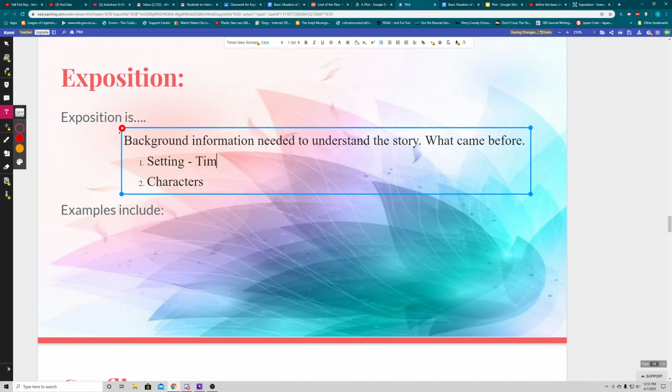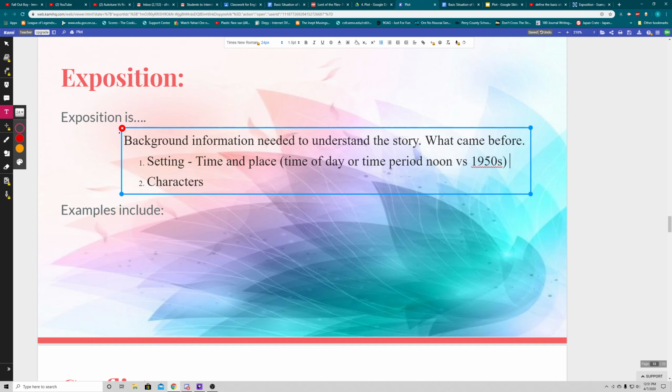So setting would be time and place. Time can include time of day or time period. So that would be noon versus the 1950s. And don't forget that sometimes the setting can change in a novel as well.